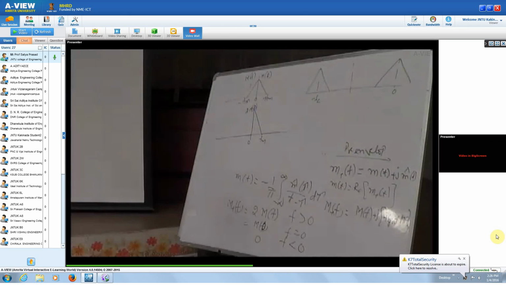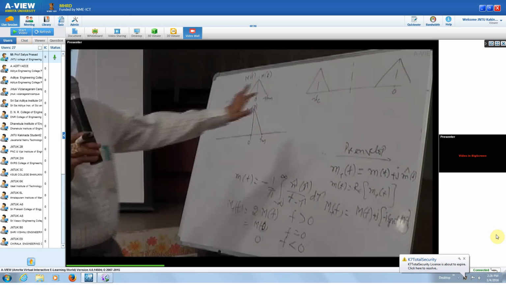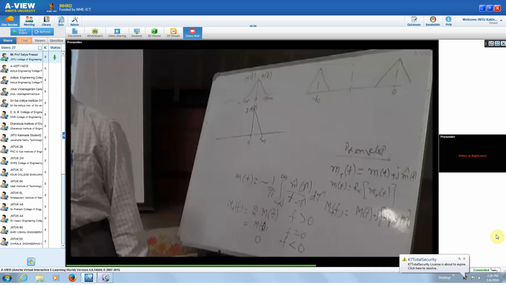A DSBSC signal. This is our band pass signal that we are going to have.